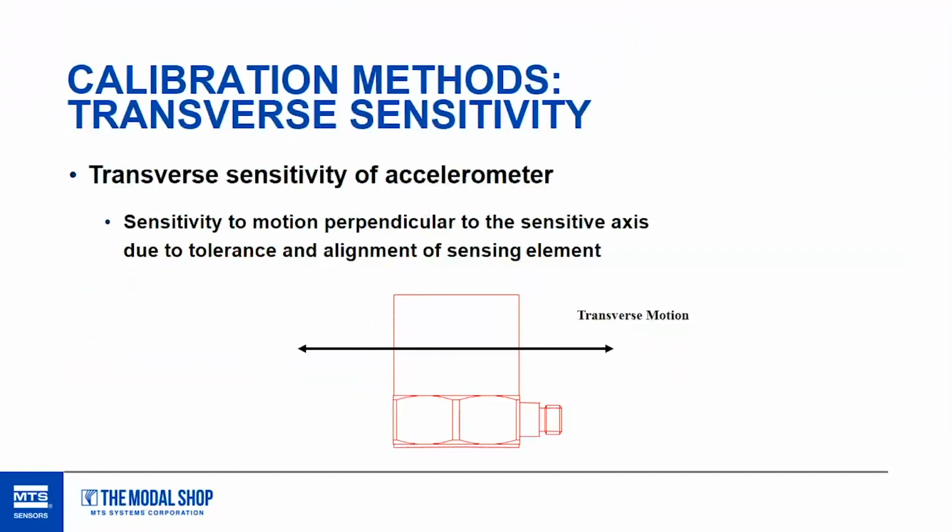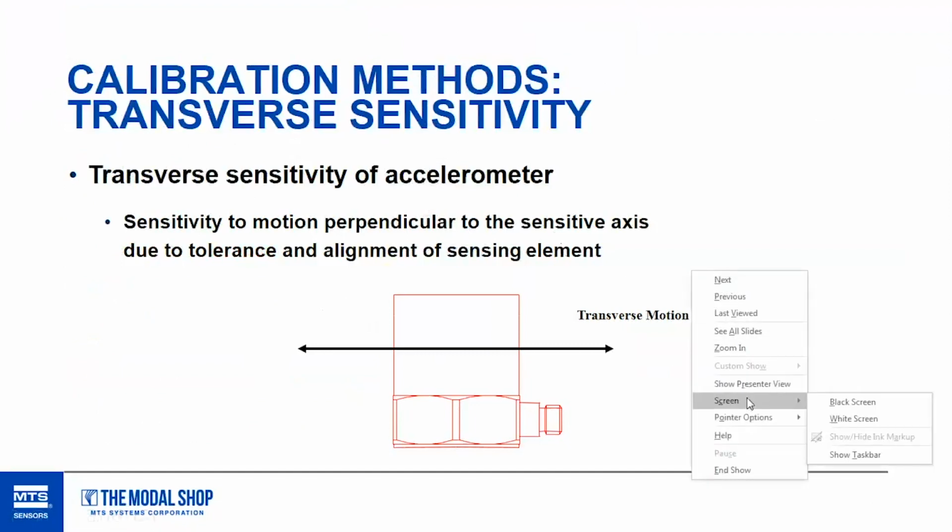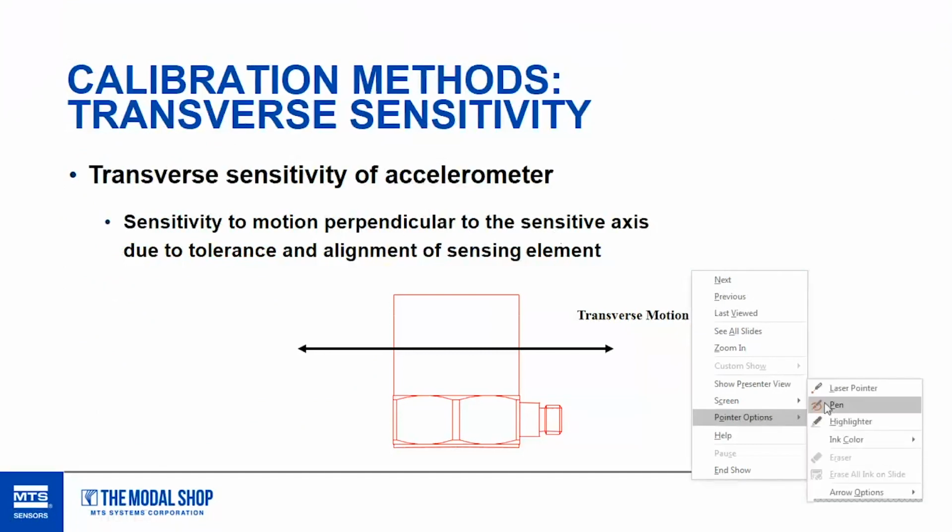What is transverse sensitivity? Well, it's kind of what it sounds like. Transverse is not in the direction that the sensor is intended to measure in. So in this example down here, you have a sensor that should be measuring up and down on the screen, and any motion that it sees in the transverse would be left and right.